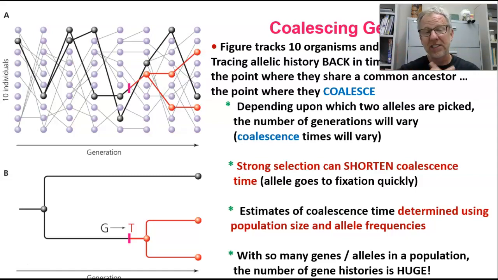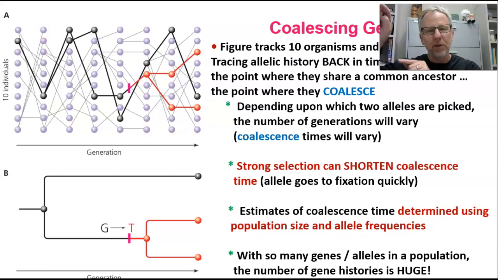So eventually you can see one of those black alleles experiences a mutation from one generation to the next, and it's being color-coded red. So now we have a new version of that allele, and now we're tracing it forward in time. And we can see when we get to the far right-hand side of that figure, we've now tracked two organisms on the far right that have that red allele.